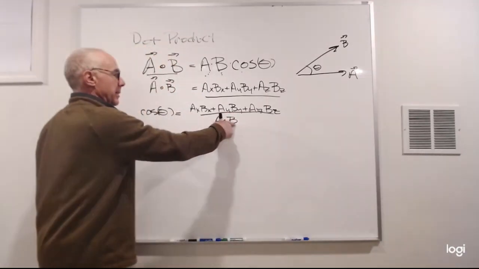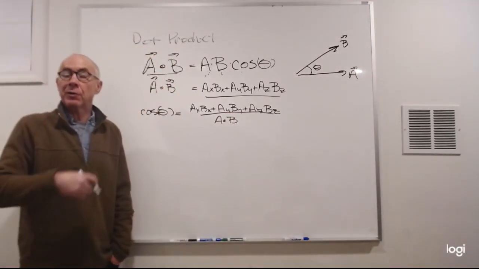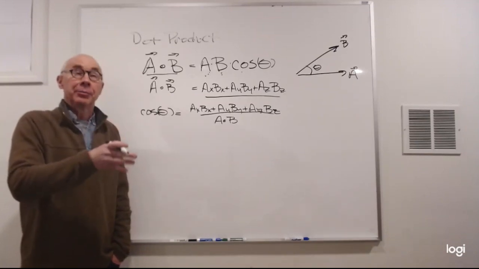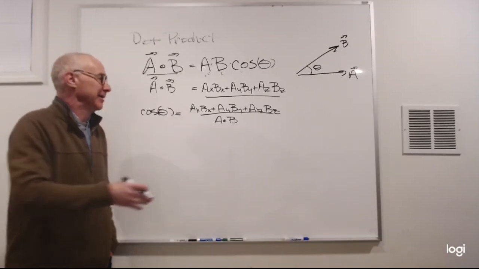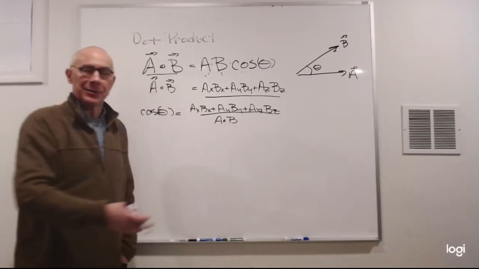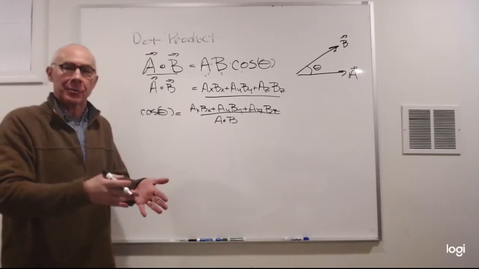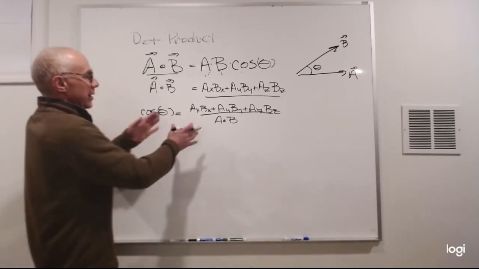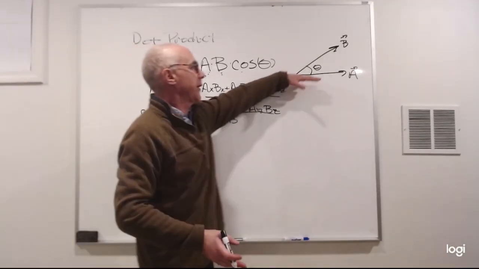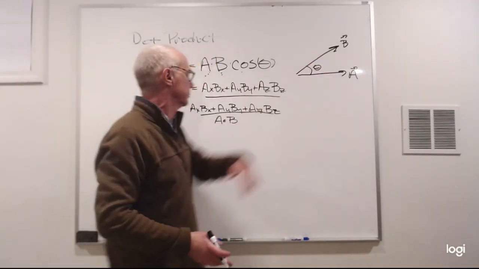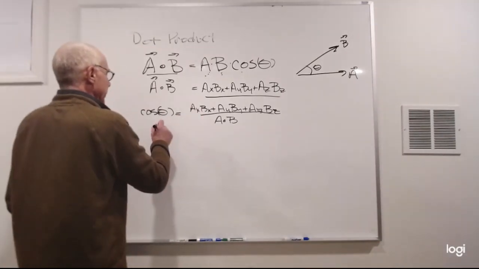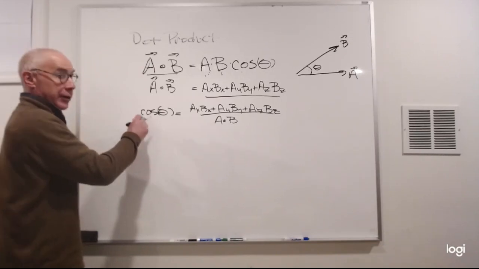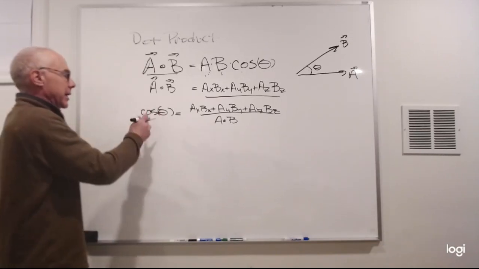And to get the magnitude of A and B, we use the Pythagorean theorem, right? It's the square root of ax squared plus ay squared plus az squared. That would be the magnitude of A. And the magnitude of B is the square root of bx squared plus by squared plus bz squared. All right, so these are all known quantities. If we knew the vectors A and B, but theta was unknown, we can apply the arc cosine, or the inverse cosine, which will just give us theta.